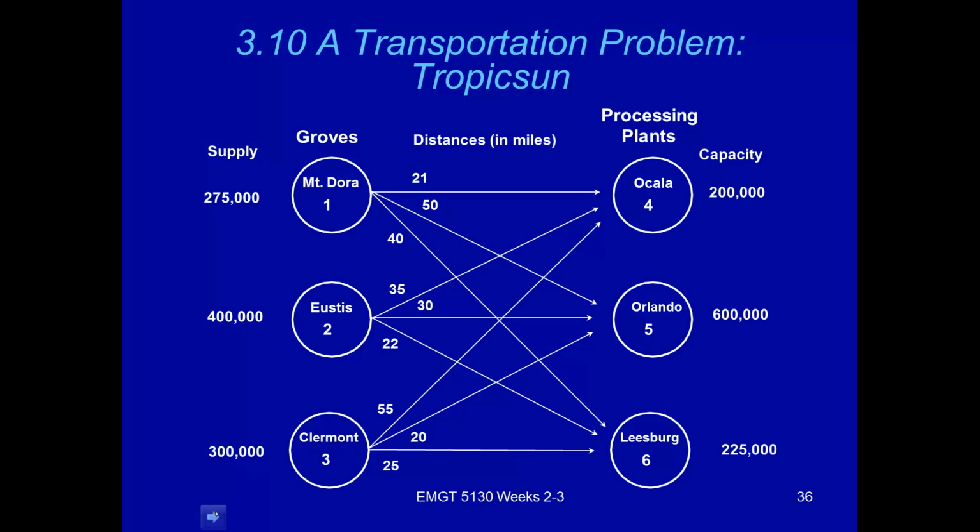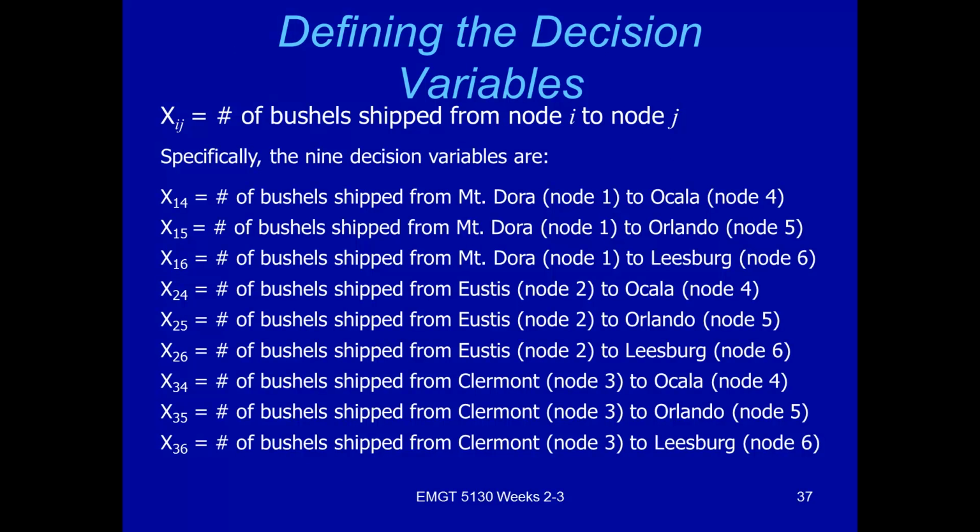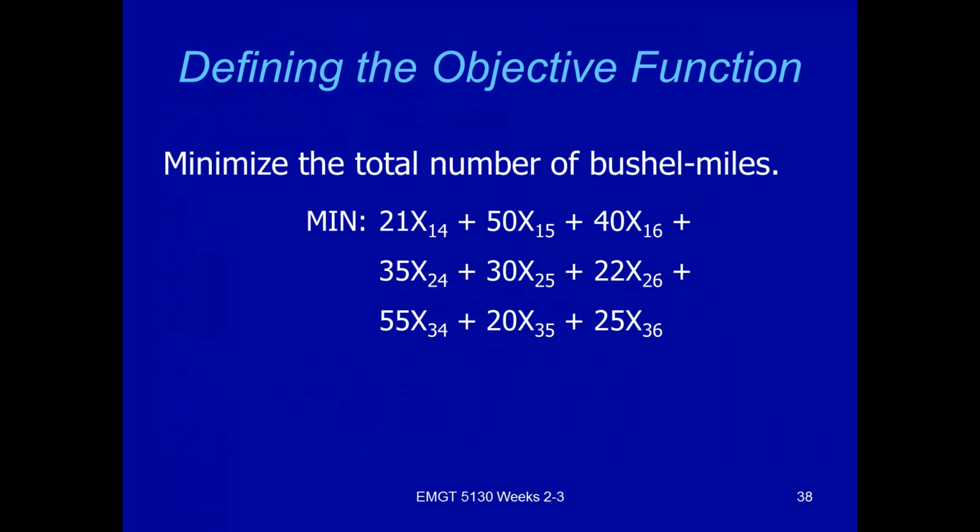And we put the supply and the capacity on both sides. Then the decision variables are xij, representing the number of bushels of citrus shipped from node i to node j. And the objective function is to minimize the total number of bushel miles.